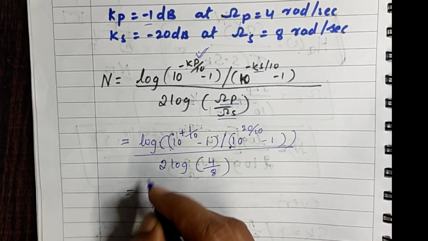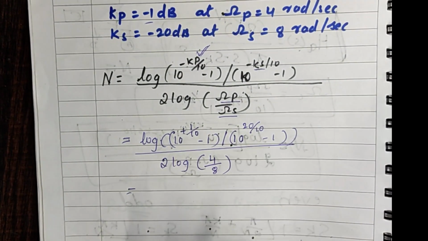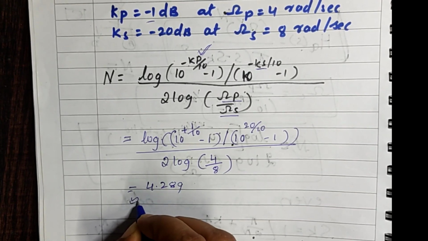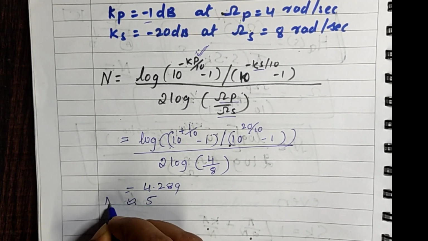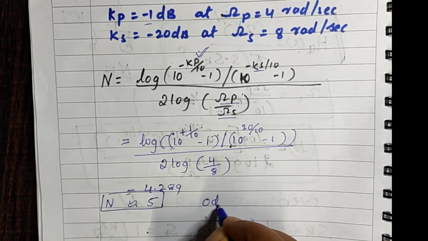Once you do this, we get 4.289. So we can take approximately 5. Therefore n is equal to 5. Now n is 5, it means it is odd.